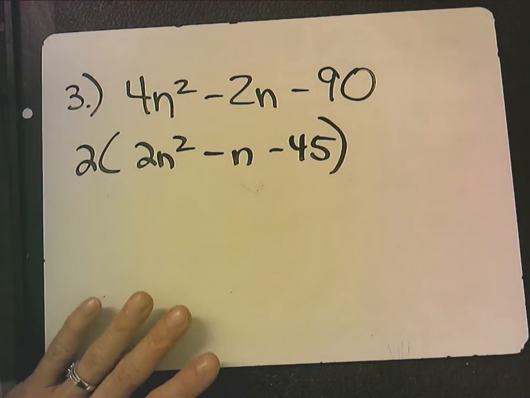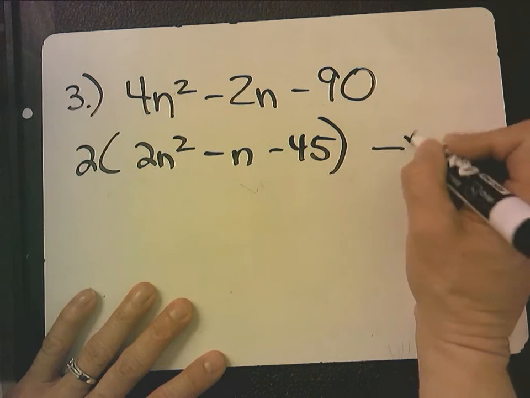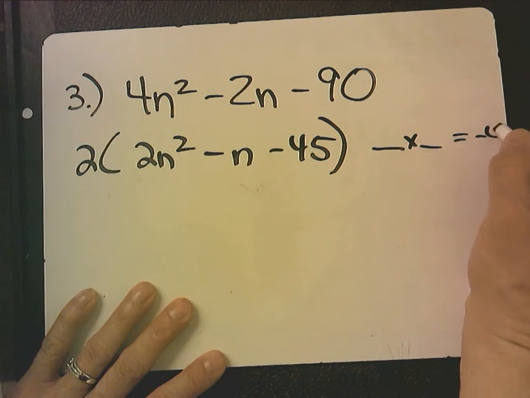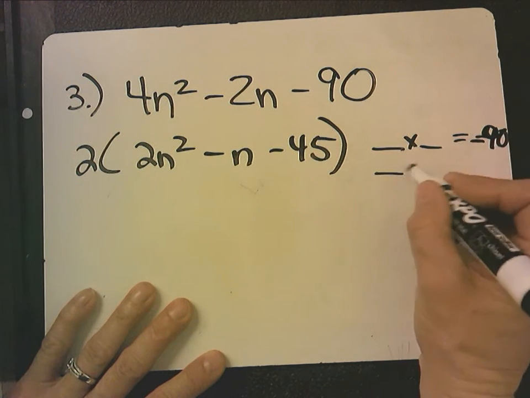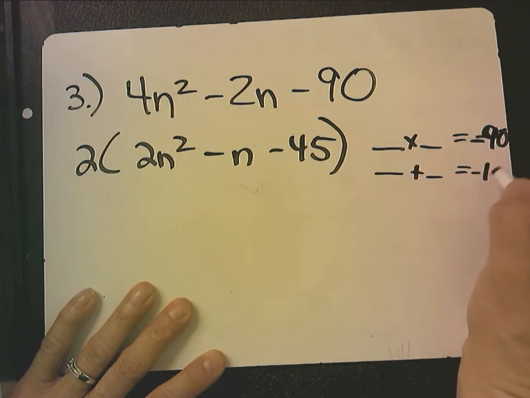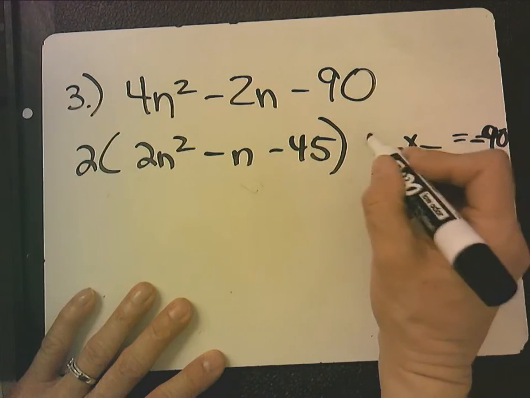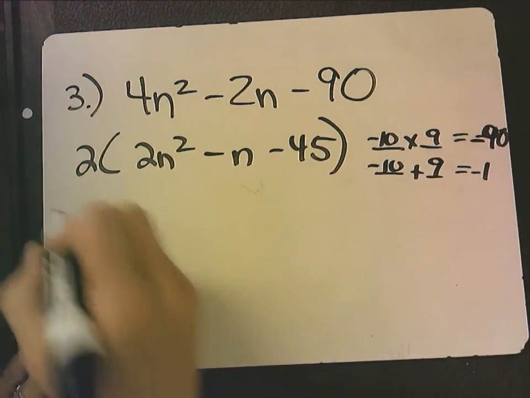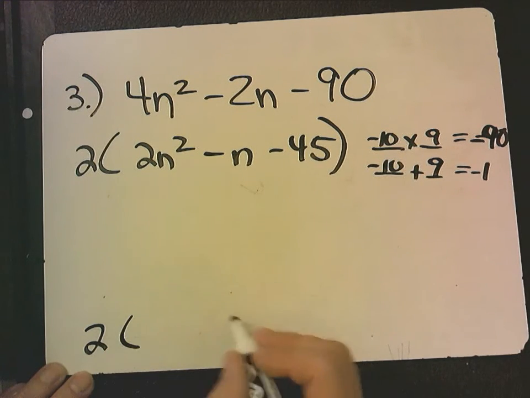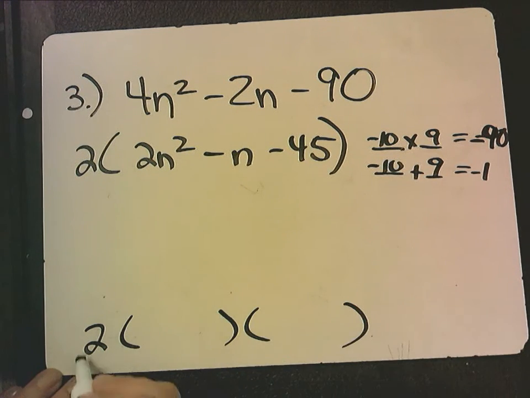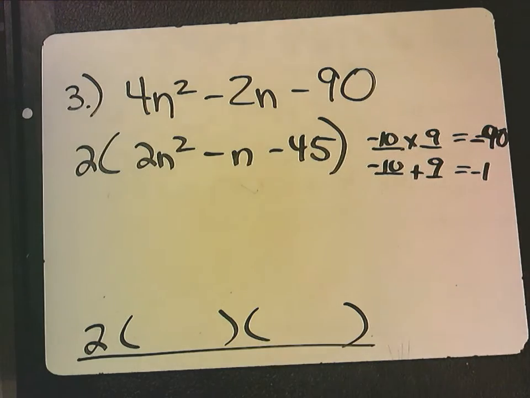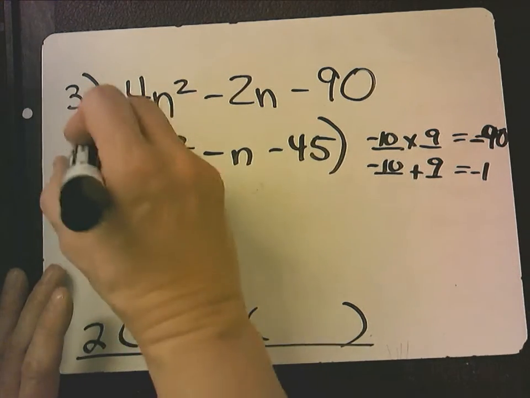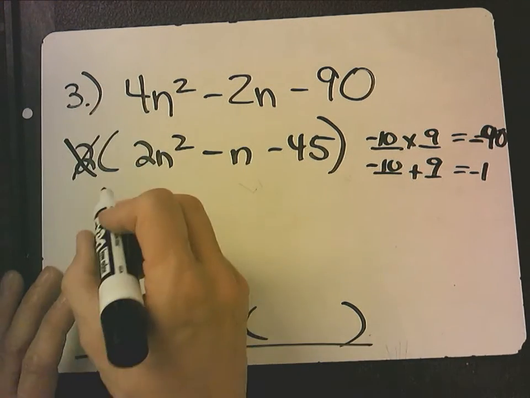So now I'm looking for two numbers that when multiplied give me negative 90, but add up to negative 1, and that's going to be negative 10 and positive 9. So again, instead of worrying about this 2, I'm going to go to my answer line and put it there. And now I'm going to ignore it because I already put it on the answer line.